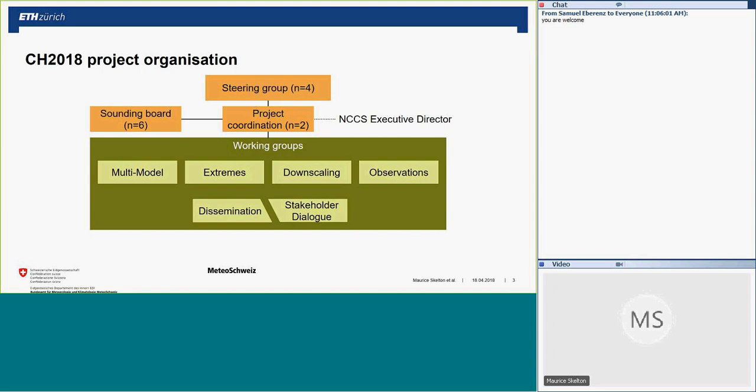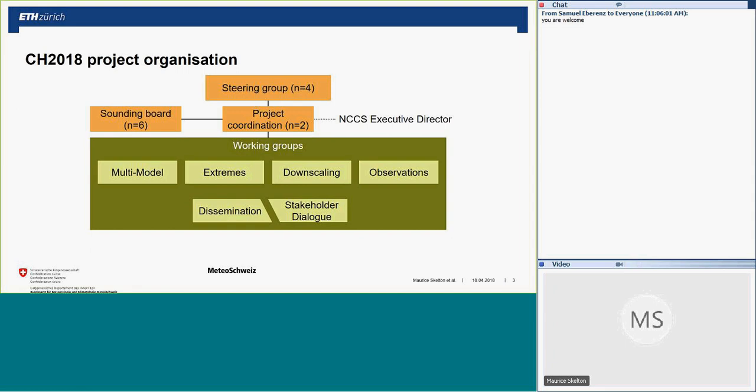There's a scientific steering group with 4 people, and they're all climate scientists. And there's a project coordination with 2 people, one of whom is Andreas Fischer, who's also listening to the presentation. There's a link with the National Center for Climate Services, the executive director, and there's also a sounding board.